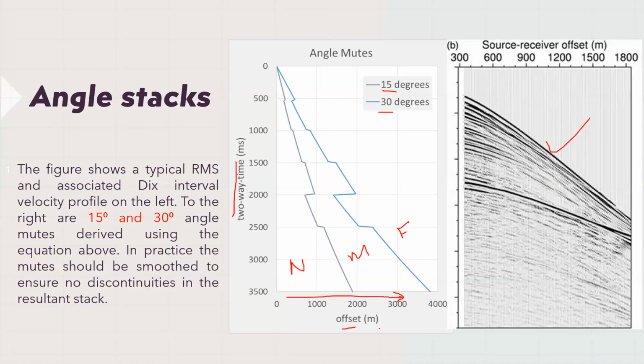When we have this offset and the two-way time, we can divide these into different angle stacks. Obviously, it has to go through NMO corrections first, and then we can do the angle stacks for this type of seismic.